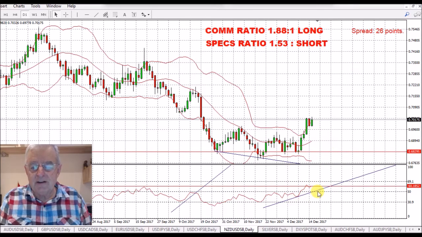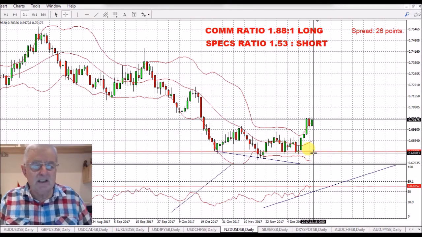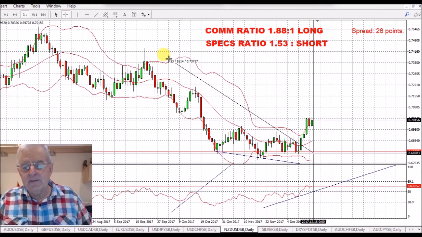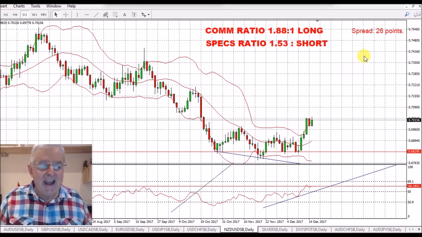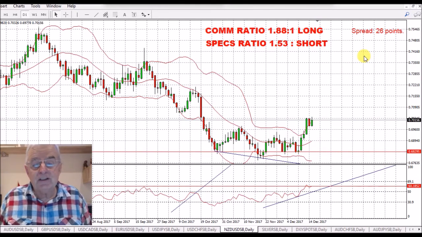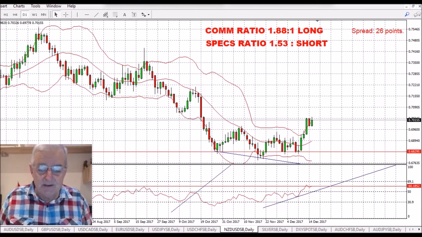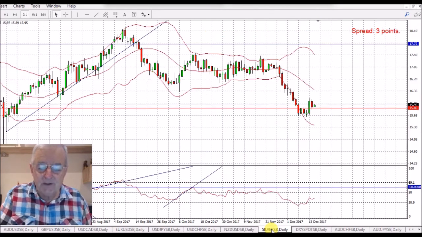I've got my trend line up. I really want this to go up to the recent highs, so you'd be looking at about 500 pips up. If we get 500 pips up and the commitment of traders turns round, I will be looking to short this pair back down. So we'll see what happens there, but I think it's going to be a next year thing.